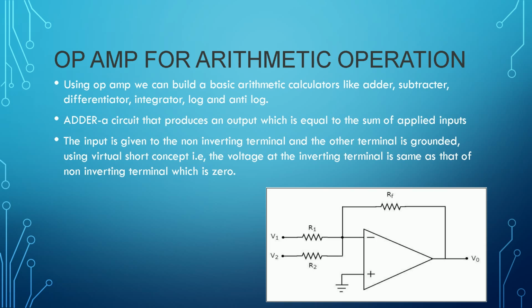The non-inverting terminal is grounded, and using the virtual short concept, when this terminal is 0, this point also will be 0 according to the virtual concept. Now let us see how this has been derived.